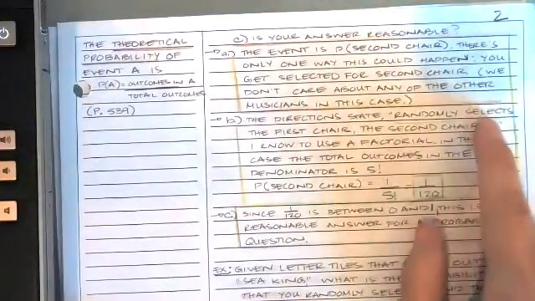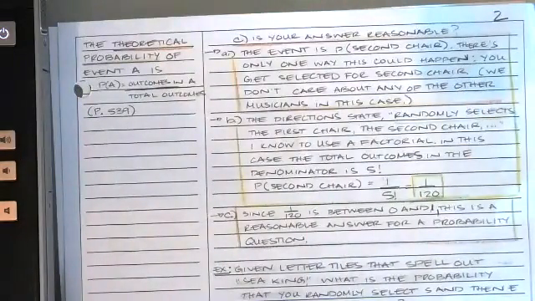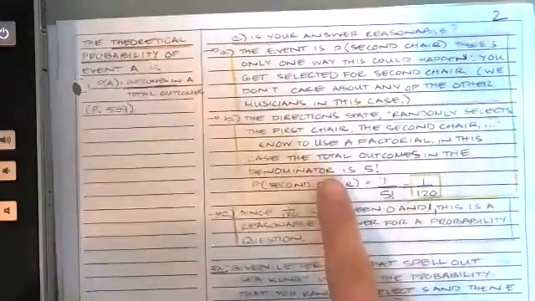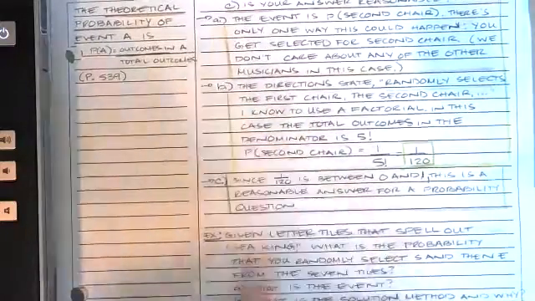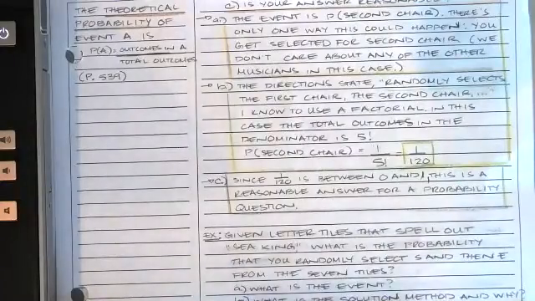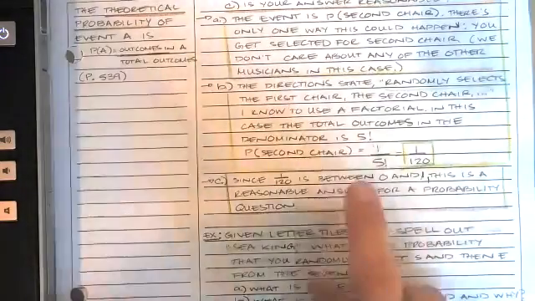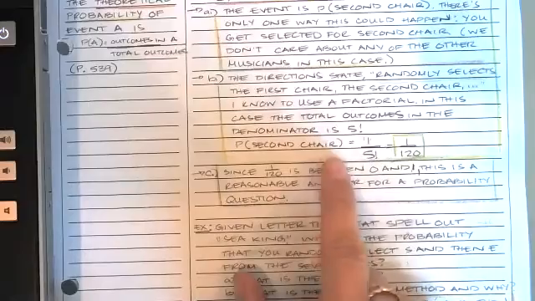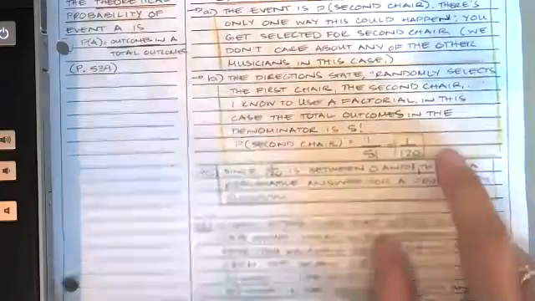So this randomly selects tells me that it's going to be like a factorial, because every time I select someone, I've got fewer options for the number of musicians that could be in the subsequent chair. So in this case, the total outcomes in the denominator is 5 factorial. So the probability that you're selected second chair is 1 out of 5 factorial, which is 1 out of 120.